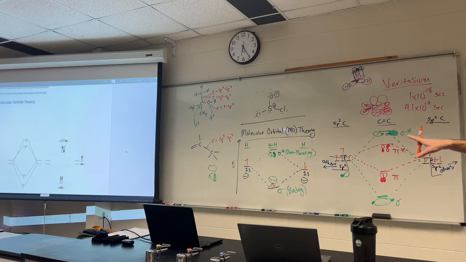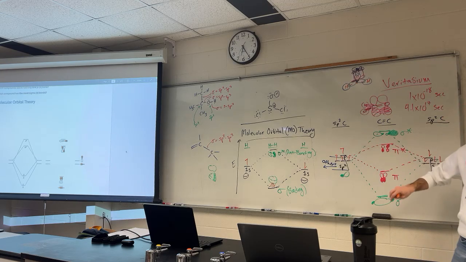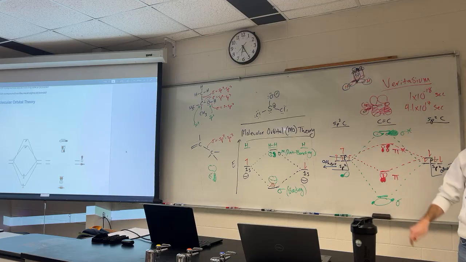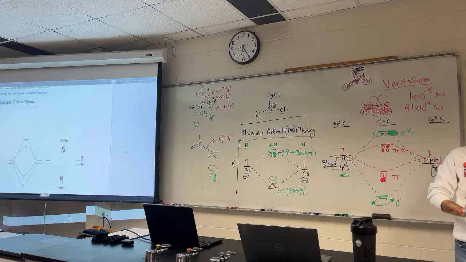We're ignoring them. I have 4 total electrons that I'm going to fill into my MO diagram. Aufbau principle says start from the lowest energy and fill up. Hund's rule says half fill every orbital of equal energy before fully filling. And then the Pauli principle says make sure that they have opposite spins.